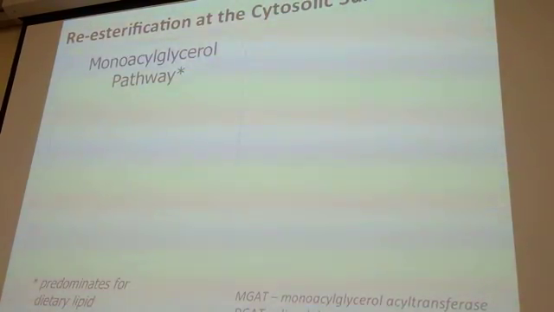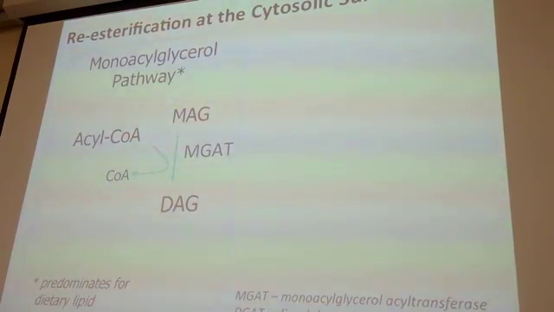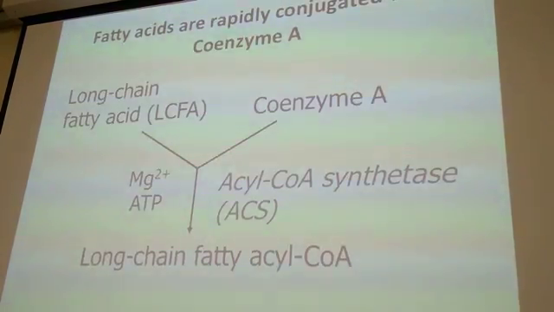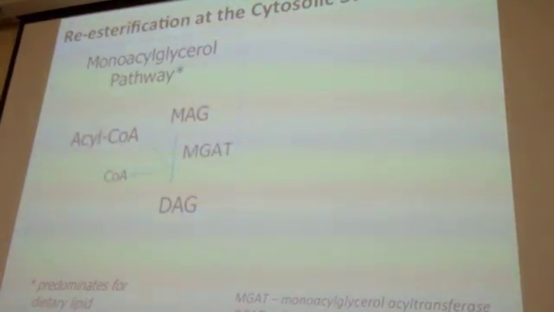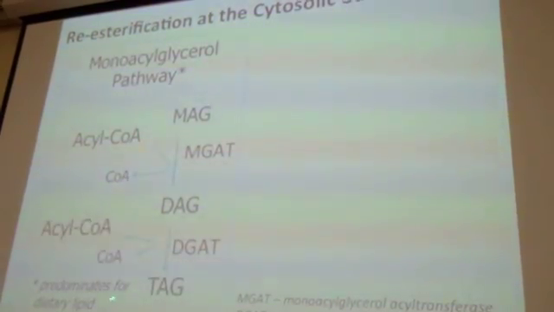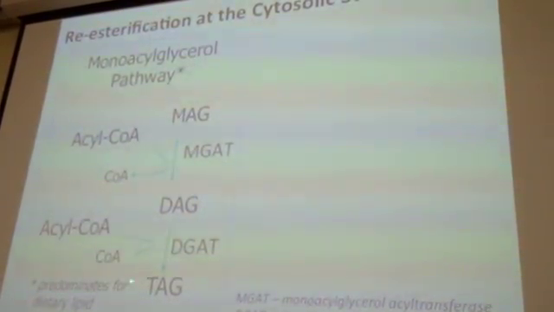And so in the monoacylglycerol pathway, this is what's primarily occurring in our enterocytes, because we have a lot of MAG, monoacylglycerol, coming from our diet, right? We have a ton of MAG getting into the enterocytes, and these are reesterified through these monoacylglycerol acyltransferase steps. So we take our acyl-CoA, formed by our acyl-CoA synthetase, we attach it to form DAG, and then we take another acyl-CoA and attach another acyl chain to form our TAG.